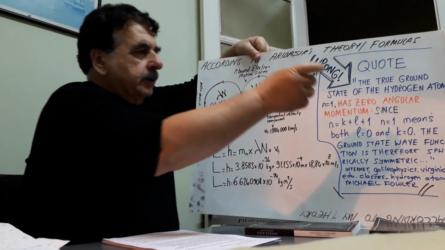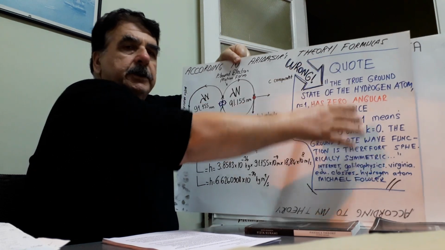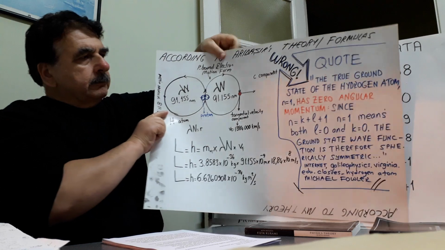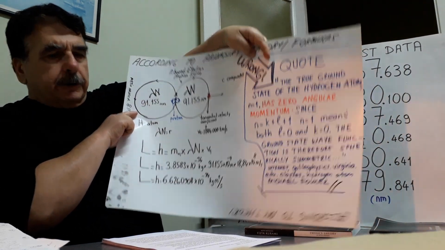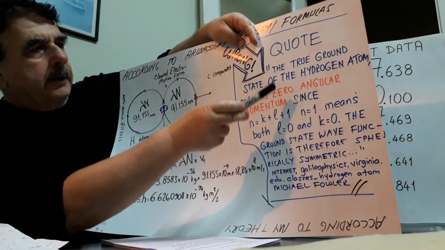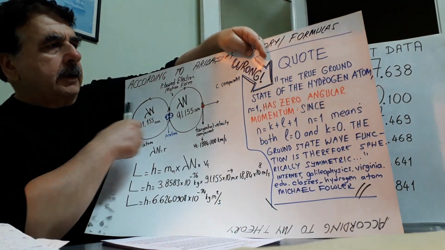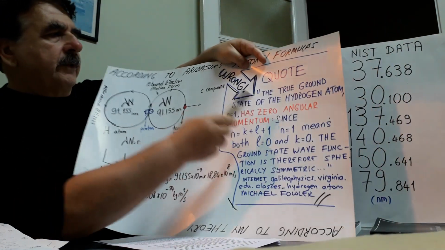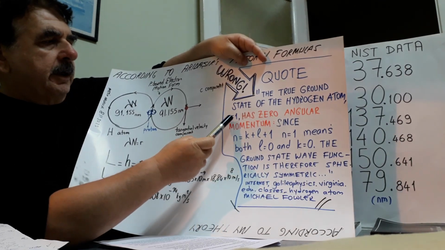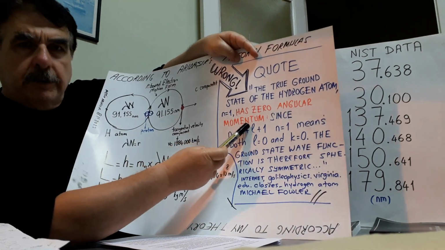Here is the quote. This is wrong. "Yes, the true ground state of the hydrogen atom, n equals 1, has zero angular momentum.